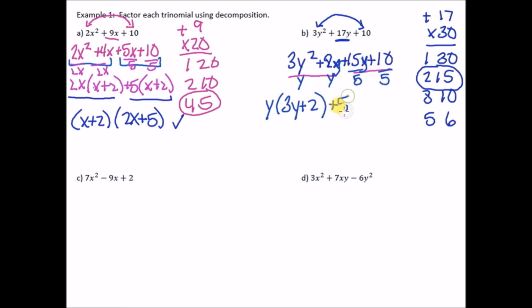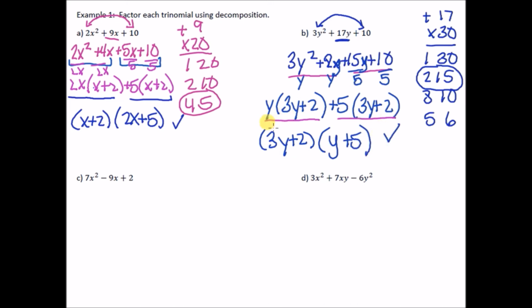So positive 5, and then in brackets, 3y plus 2. And that's how you know if you did this correctly, because this term and this term are going to have a common factor. In this case, the common factor is 3y plus 2. And then we have y plus 5 left over. And this is fully factored.